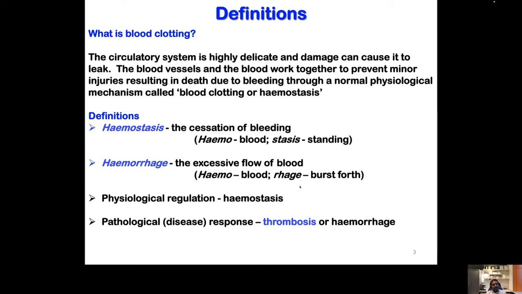But if the same blood clot is formed unnecessarily within the blood vessel during a pathological or disease condition, then it's called thrombosis. Again, we will talk about that later on. Similarly, hemorrhage is also a pathological condition: excessive bleeding. If the blood is not clotting and it's continuously bleeding, then it's a hemorrhage. That also represents a pathological condition.